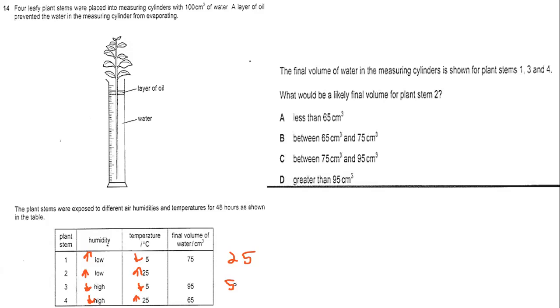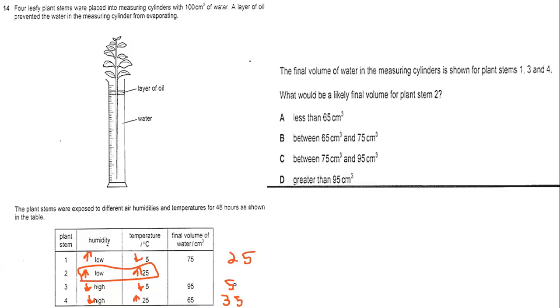Here also you have a factor that increases and another that decreases, and you have 65 left, which means that only 35 centimeters squared of water were lost. So what do you think will happen here in 2? It's the only cylinder that has both of the factors increasing the transpiration rate. So of course I need to think of the water remaining in all of the other stems.